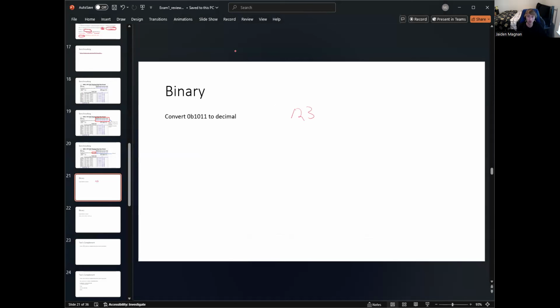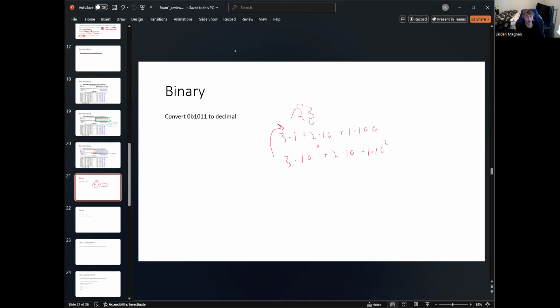You're aware from elementary school that 3 is the ones place, 2 is the tens place, and 1 is the hundreds place. So you could rewrite this as 3 times 1 plus 2 times 10 plus 1 times 100. You're very used to doing this. And this can be rewritten as 3 times 10 to the 0 plus 2 times 10 to the 1 plus 1 times 10 squared, right? So it's a simple way of rewriting the number.